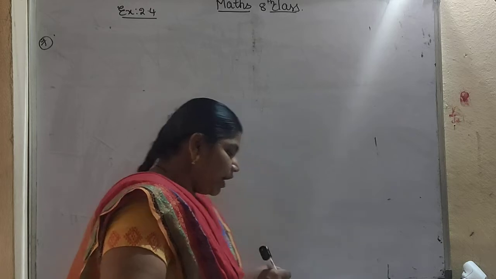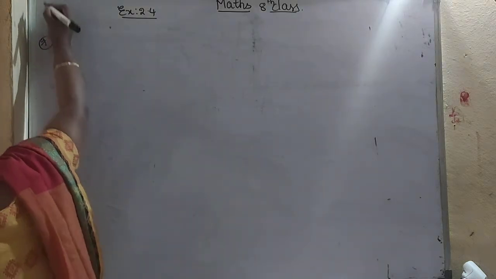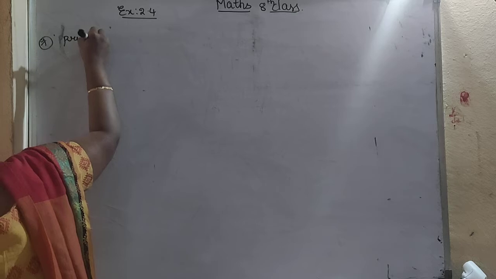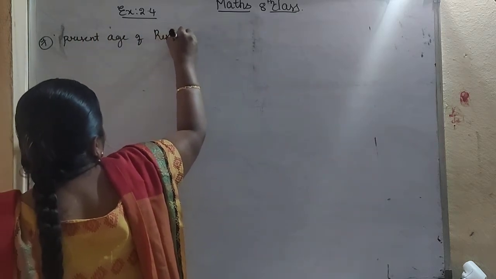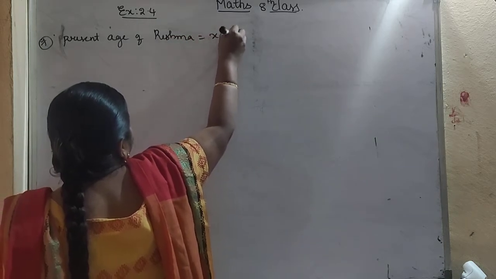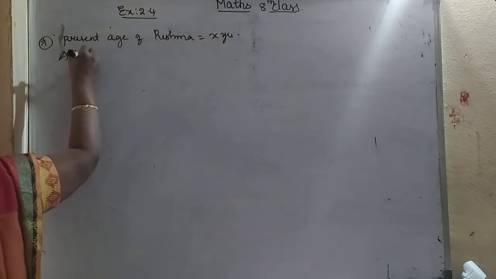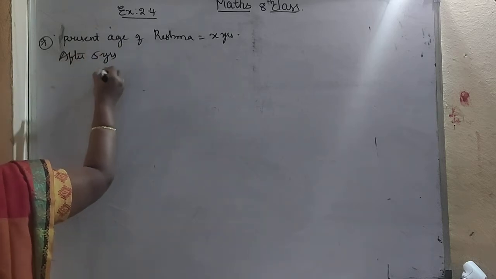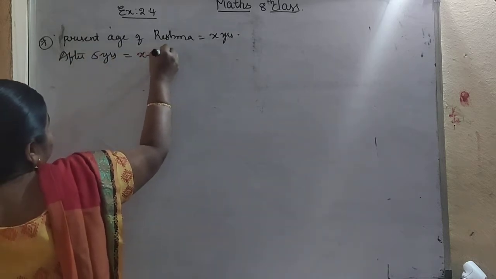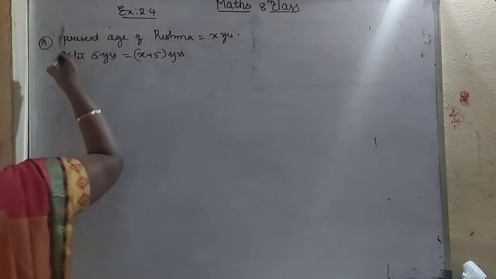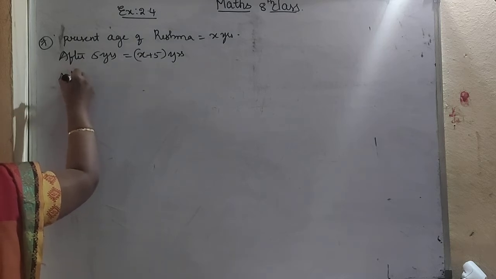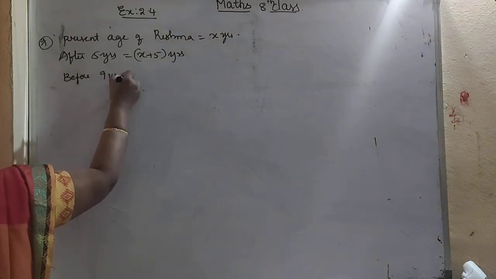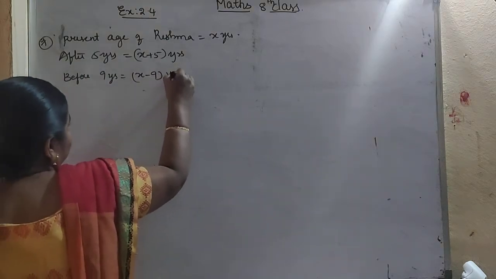So the present age of Reshma, I am taking it as x years. After 5 years it will be x plus 5 years. And 9 years before it will be x minus 9 years.